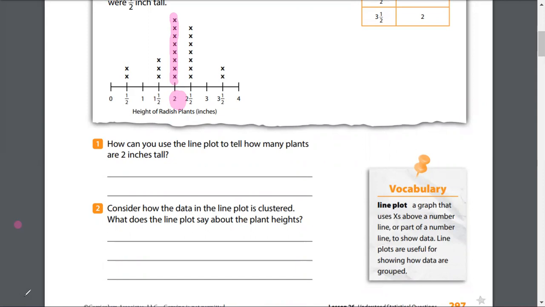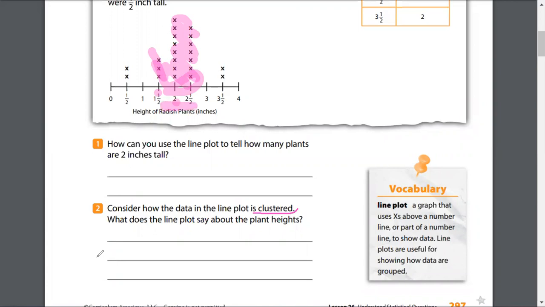Number 2, consider how the data in the line plot is clustered. What does the line plot say about the plant height? So instead of looking at just one thing now, I need to look at all of the data. And then our keyword for the question is clustered. So clustered means kind of together. So how are they together? I'm going to just highlight around the majority of our plants, and a majority of them are clustered around the 2.